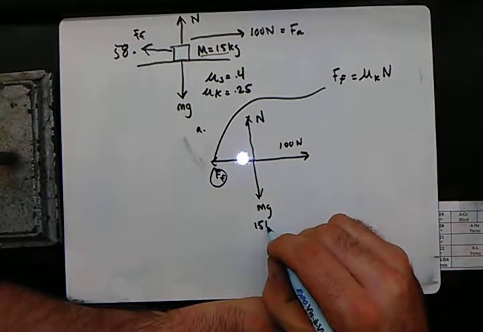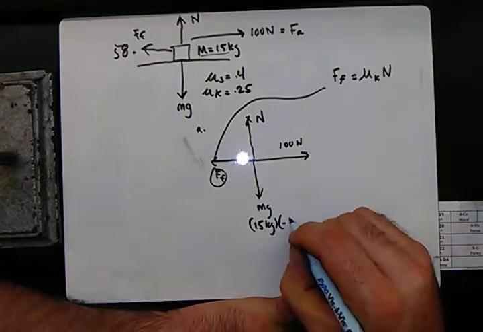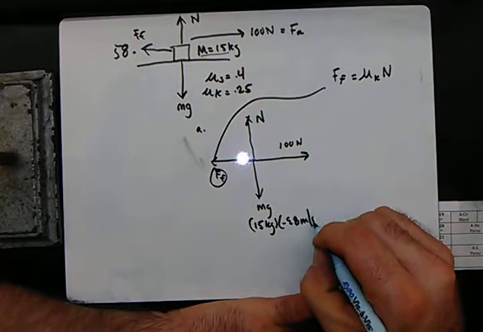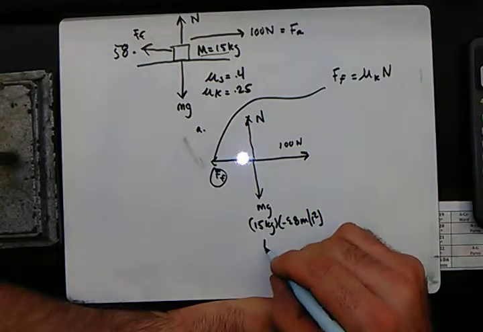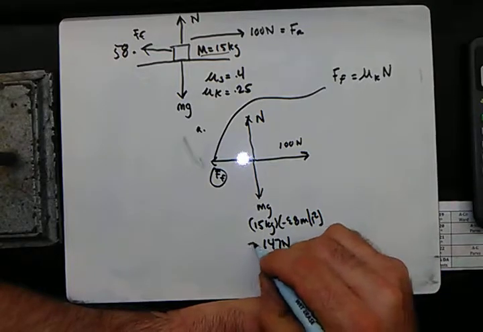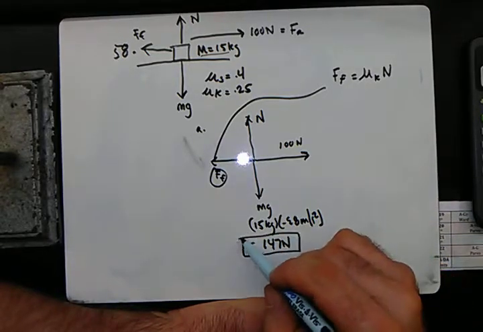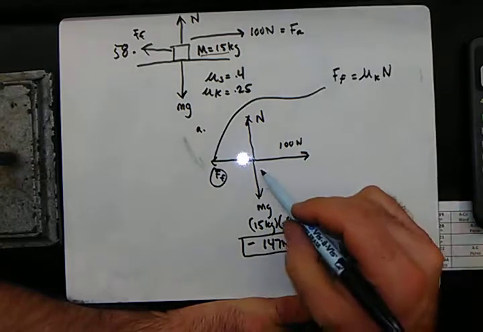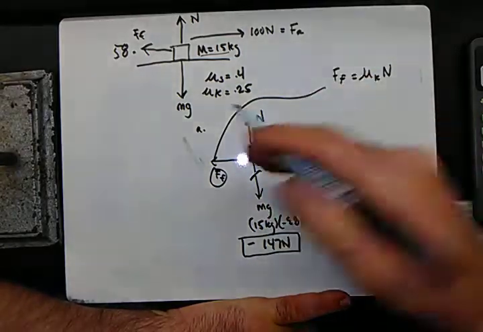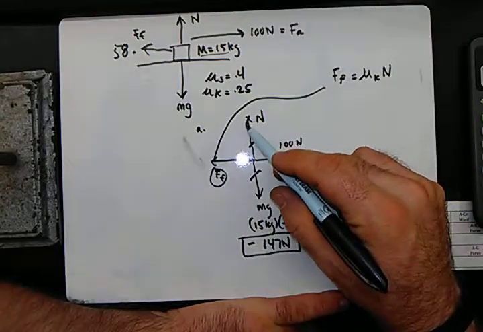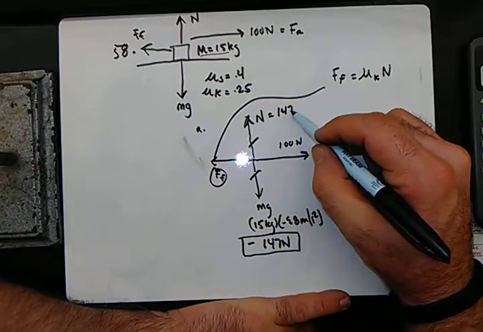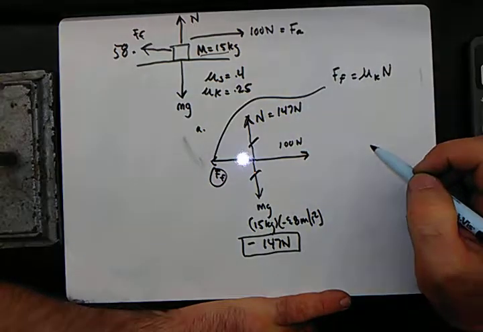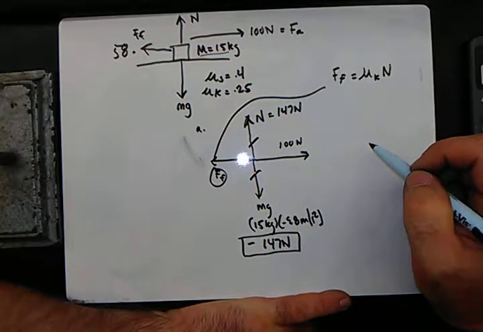That's 15 kilograms times 9.8, so the weight of the object is 147 newtons. Now we know it's not accelerating up or down, it's going side to side. We can safely say that the normal force is 147 newtons.